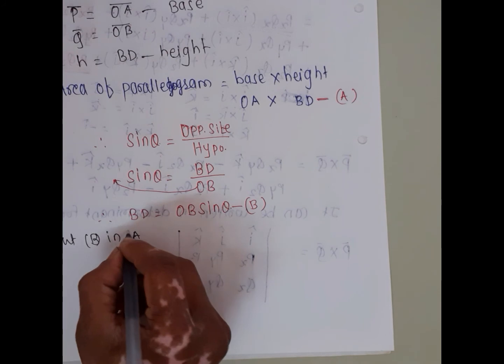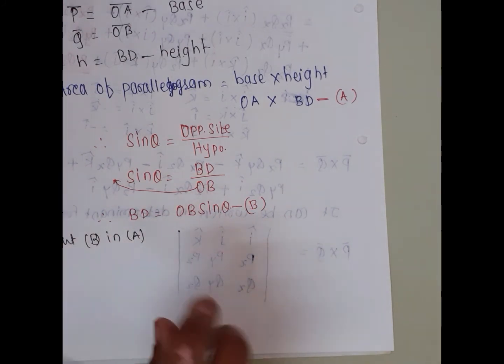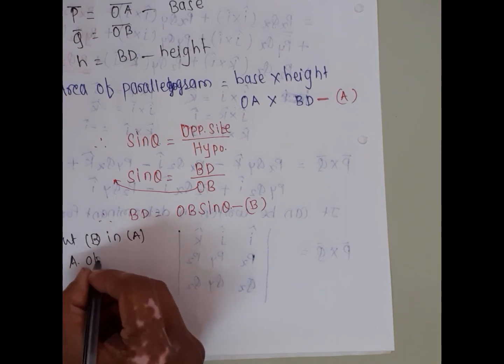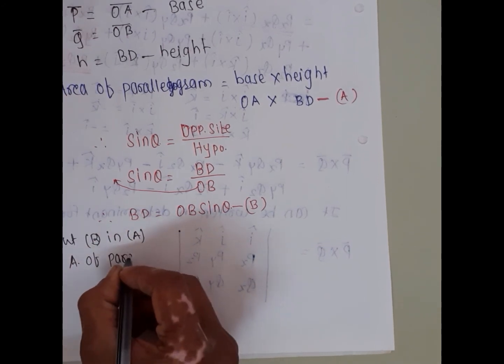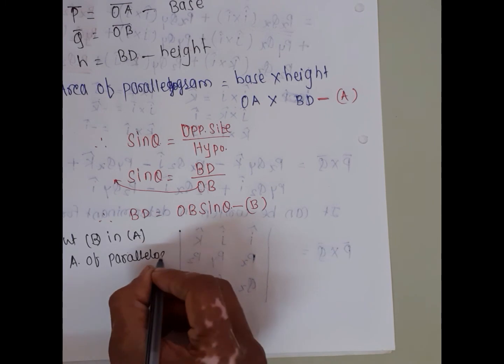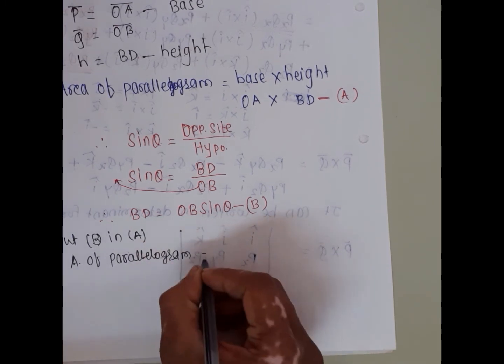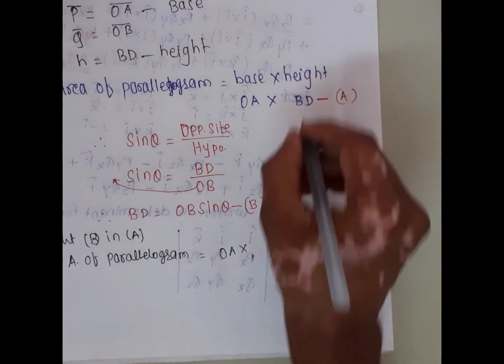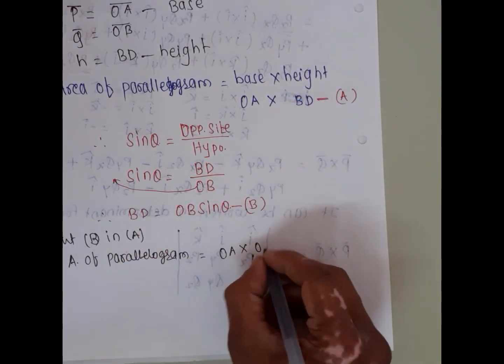The area of the parallelogram is equal to OA times BD, and the value of BD is OB sin theta.